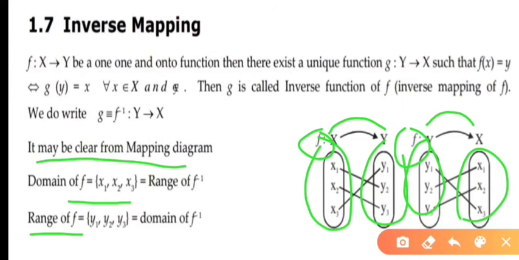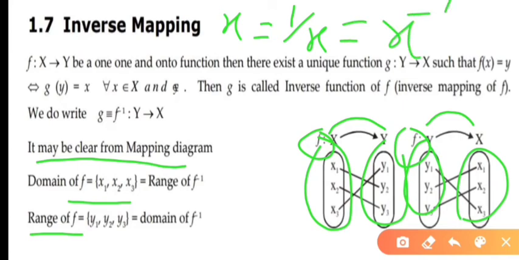Inverse, in the sense you already know, is like 1 by x: the reverse, the inverse process. We can write it as x inverse, right? The denominator we directly take to the numerator by changing its power.